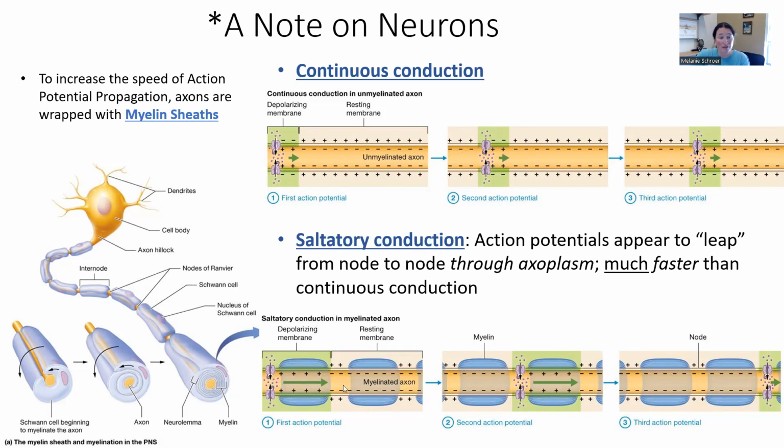Just shoots right across. And by the time it gets to the other end of the myelin sheath, there are more sodium channels to open up, re-strengthen that signal. Really strong signal leaps across this myelin sheath where it opens another channel and so on and so forth. And so the fact that you don't have to open every single channel essentially allows this action potential to go even faster than in continuous conduction.